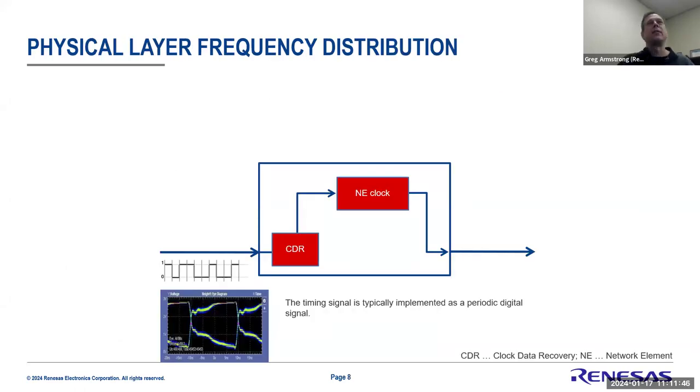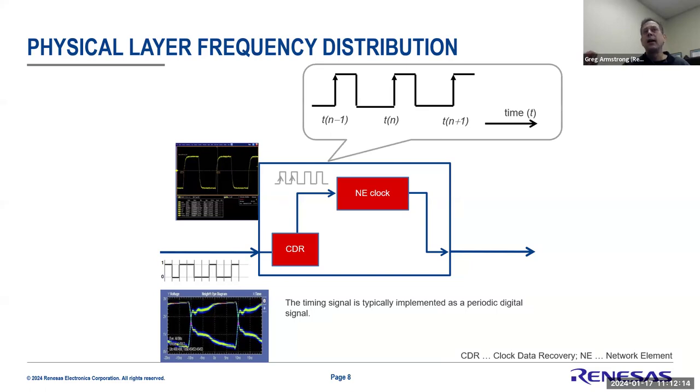I threw up an example here looking at simple physical layer clock distribution, very common in SONET, SDH, and even now Ethernet-based systems. A lot of times a signal will come in representing data. There'll be some sort of modulation of that signal, but you could use a clock data recovery circuit to recover a fundamental clock from that, and then that clock could be used to measure some sort of time interval, and then you could resynthesize that clock in relationship to that and allow the synchronization to daisy chain amongst different nodes.